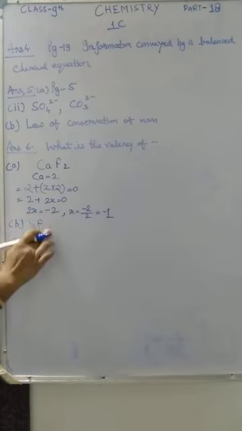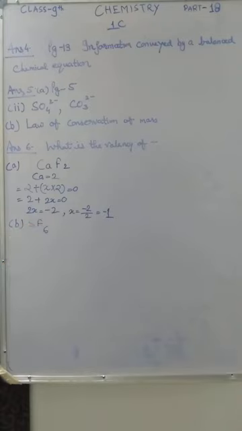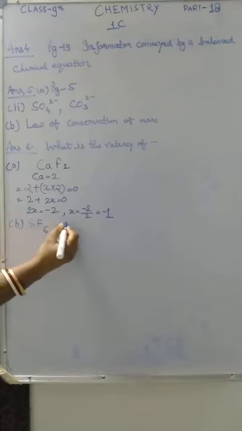In SF6 you have to find out the valency of sulfur. So like this you can make the equation, or just you can see that this sulfur atom is combined with 6 atoms of this fluorine. So the valency of the sulfur will be plus 6.